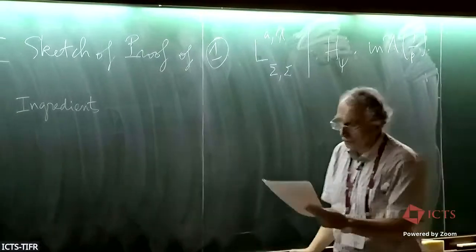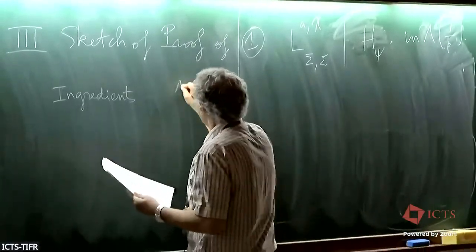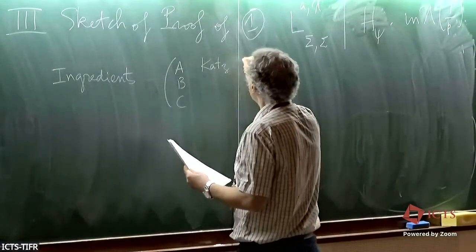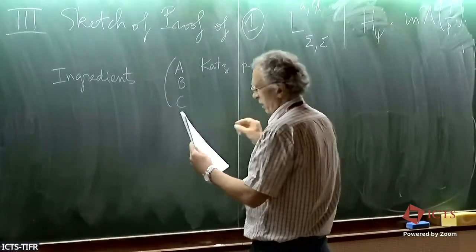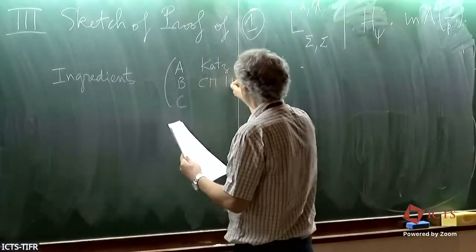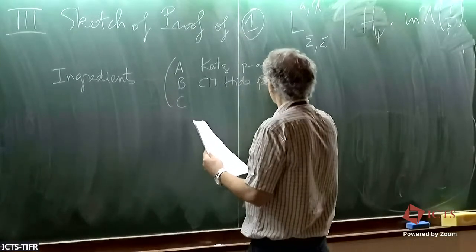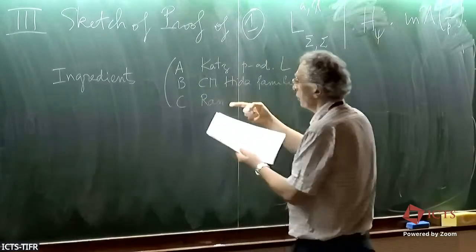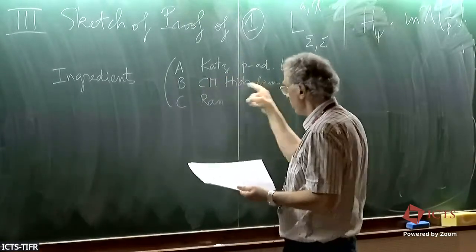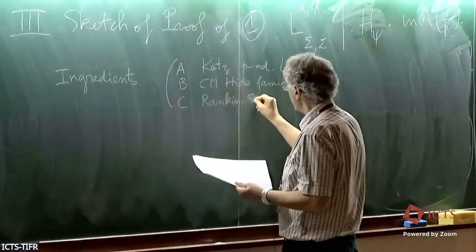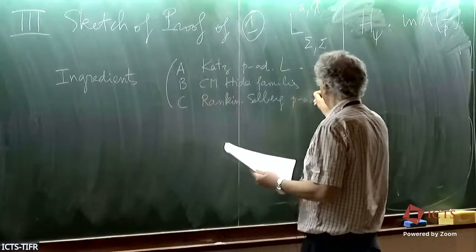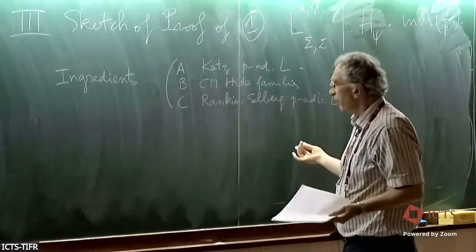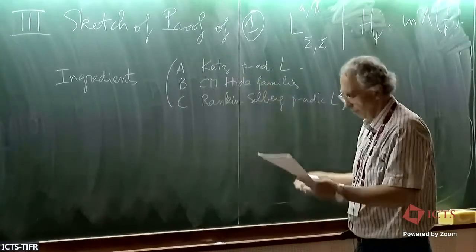And so what are the ingredients we need to introduce? 3 ingredients. Katz p-adic L function, CM Hida families, and Rankin-Selberg p-adic L function, which will be applied to 2 families, namely 2 CM Hida families.